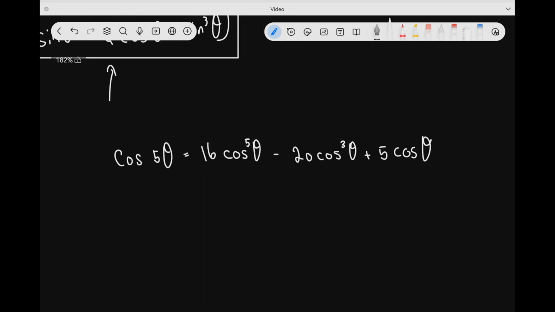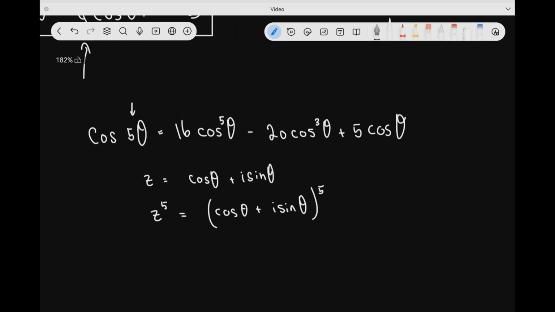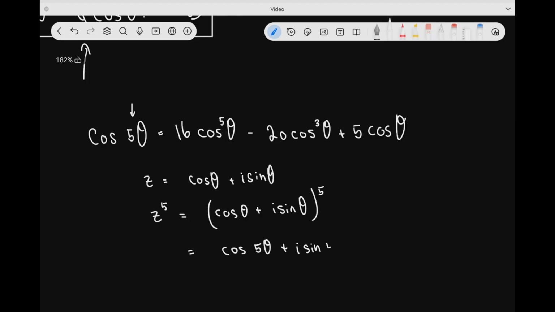First things first, we can clearly see there's a 5 in there, so we know that De Moivre's theorem is raised to the 5th. So it's going to be cosine theta plus i sine theta raised to the 5th, which gives cosine 5 theta plus i sine 5 theta.